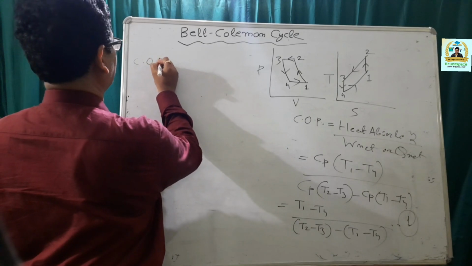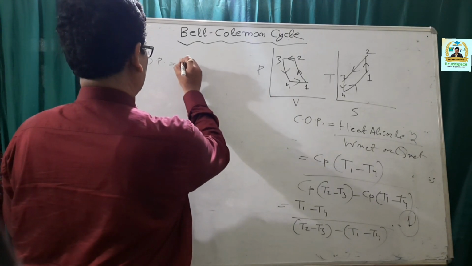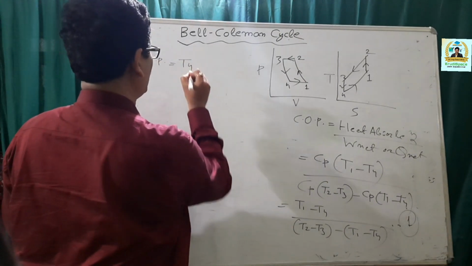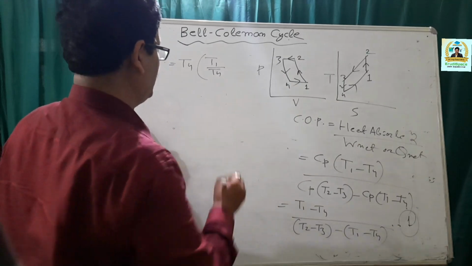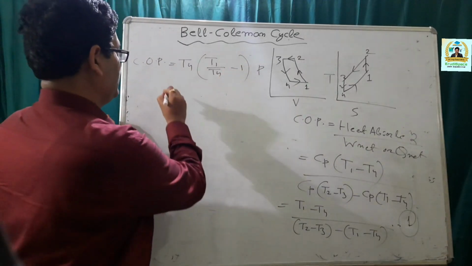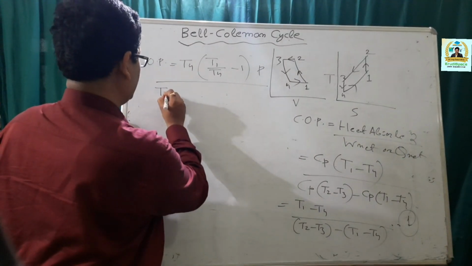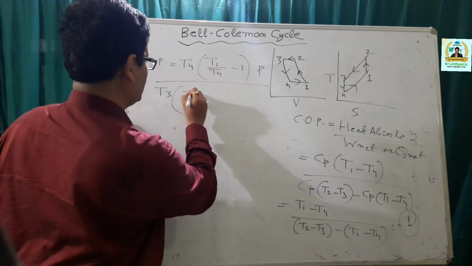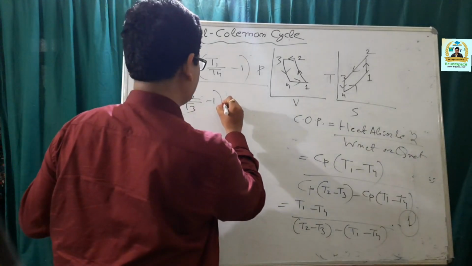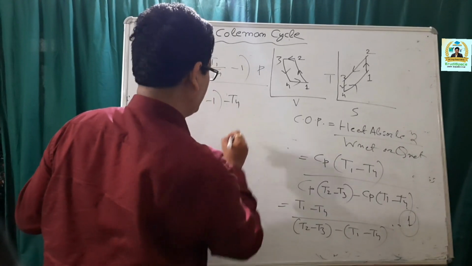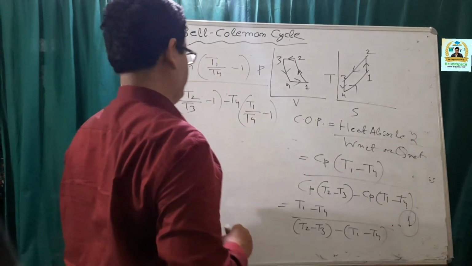So, C.O.P. you can take T4 common, so it becomes T1 by T4 minus 1, divided by, you can take T3 common, so it becomes T2 by T3 minus 1, minus, you can take T4 common, so that it becomes T1 by T4 minus 1.